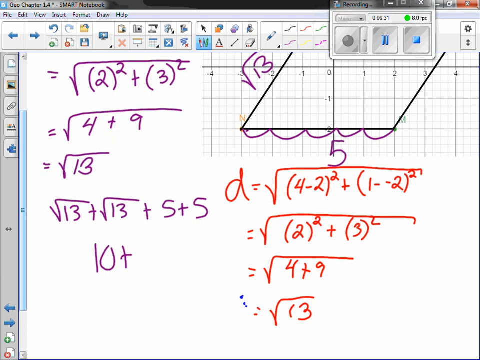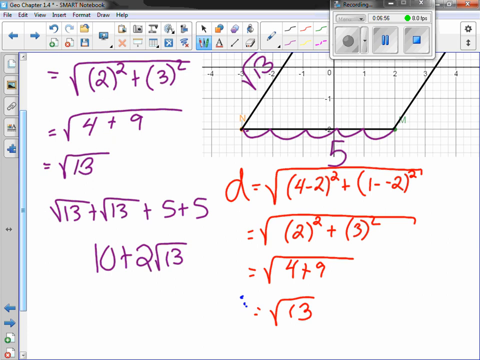And it's not the square root of 26. Almost. How many of them do we have? Two square root of 13s, because how many of them do we have? 2. 10 plus 2 square root of 13. And that's it.